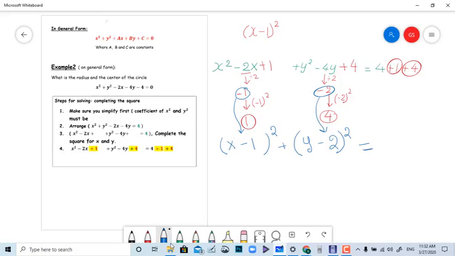Now I'm going to add these 3 terms. They are going to give me 4 plus 1 is 5, 5 and 4 is 9. Then this is my equation now, written in the standard form. Okay. Now, what is my center?